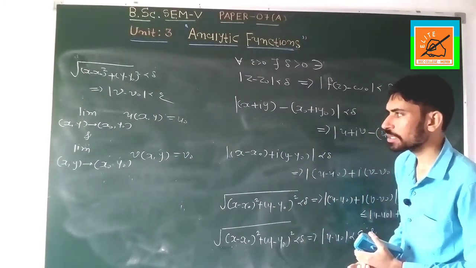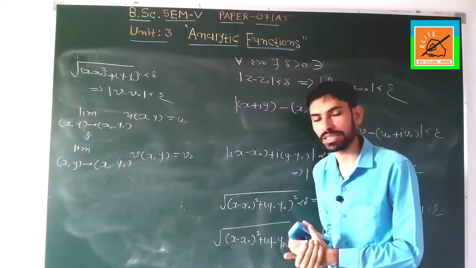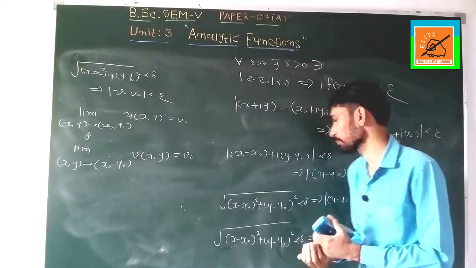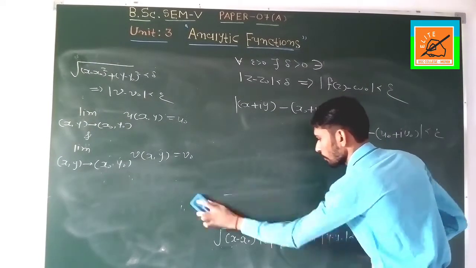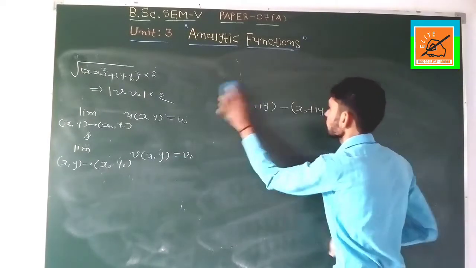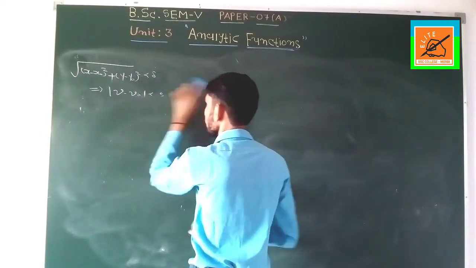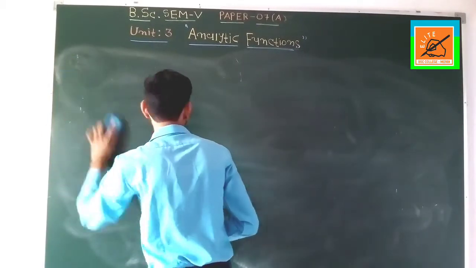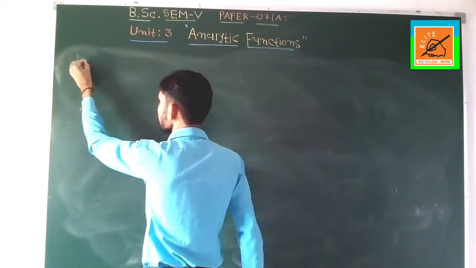Now conversely suppose this portion and we will prove limit z tends to z0 f of z is equal to w0. So now we see the proof of the second part. So here we write conversely.